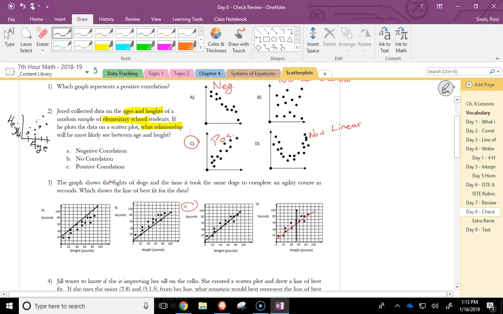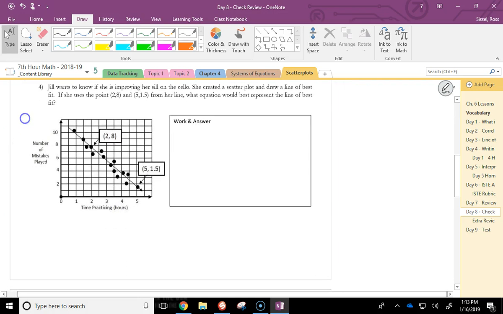So somehow we would think that we would have a positive correlation. So your answer would have been C. Just know that anytime on a math test or even in real life, you need to draw that visual so you can see it. Go with that.